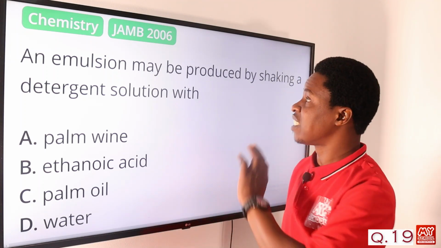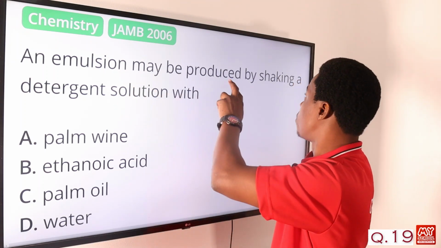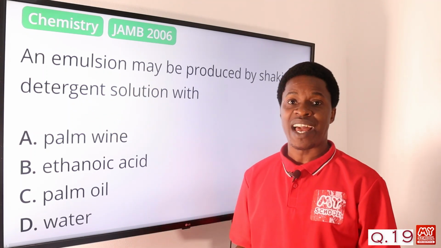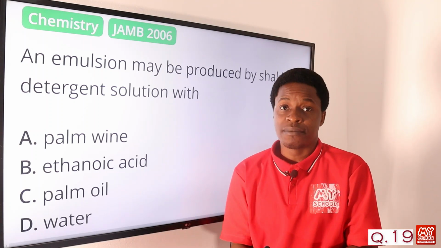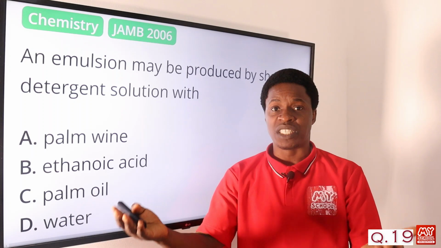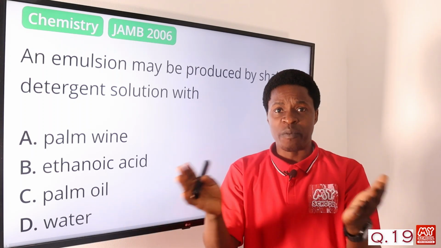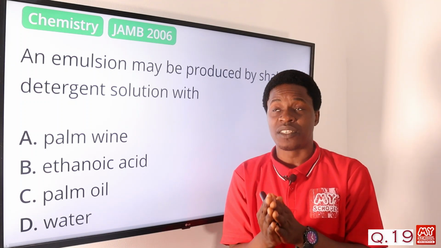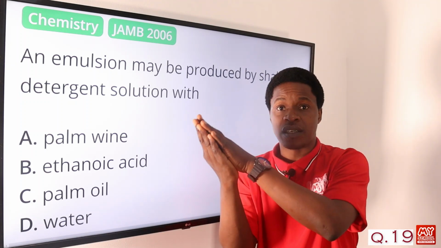But in this case, the emulsion can be produced by shaking a detergent solution. So we need an emulsifier. We need something to stabilize these immiscible liquids, two liquids that when you mix them together are not homogeneous, like I said, petrol and water.